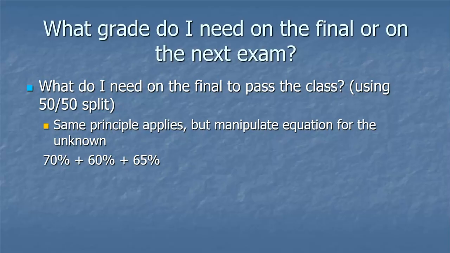So you add these three together, and you divide by 3, and that gives you an exam average of 65%. Now you're going to take your 65 times the 0.5, that's 50% of your grade, and you end up with 32.5.